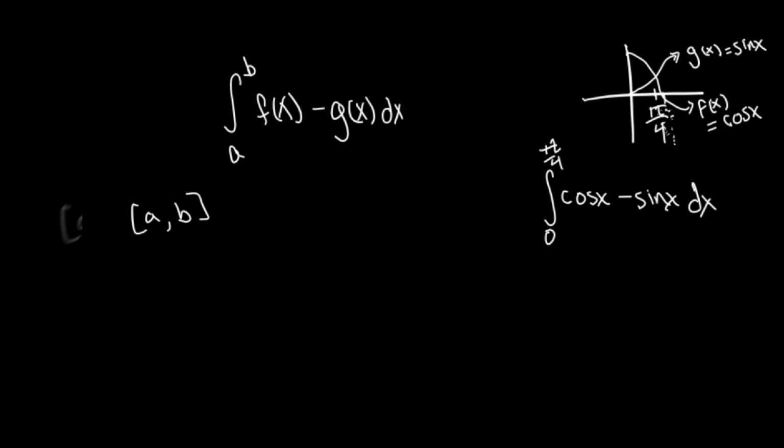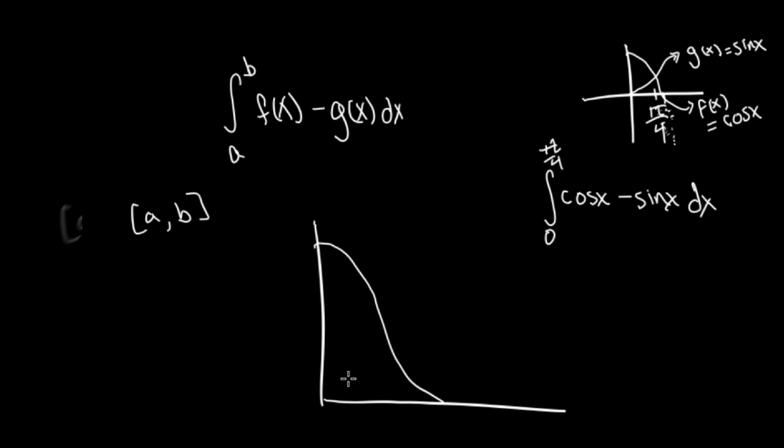And if this doesn't make sense, let's look at it through a more graphical lens. So if we're just given this quadrant and we understand that this is our cosine function and this is our sine function, right? It may be helpful if I draw in a different color.